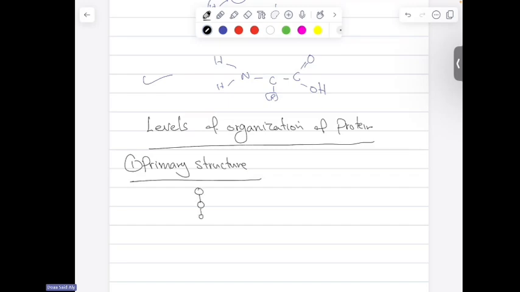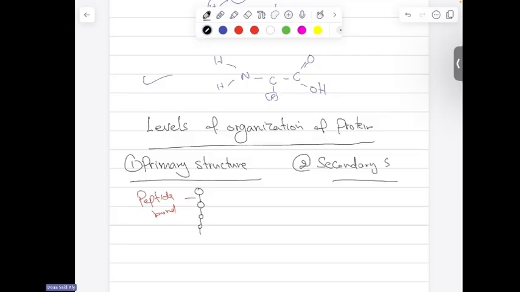These are amino acids as you see. Pay attention that these amino acids, they are bonded together with a peptide bond. So this bond, it's called peptide bond. Okay, then after the primary structure, what happens to this primary structure? The primary structure, number 2, forms secondary structure.